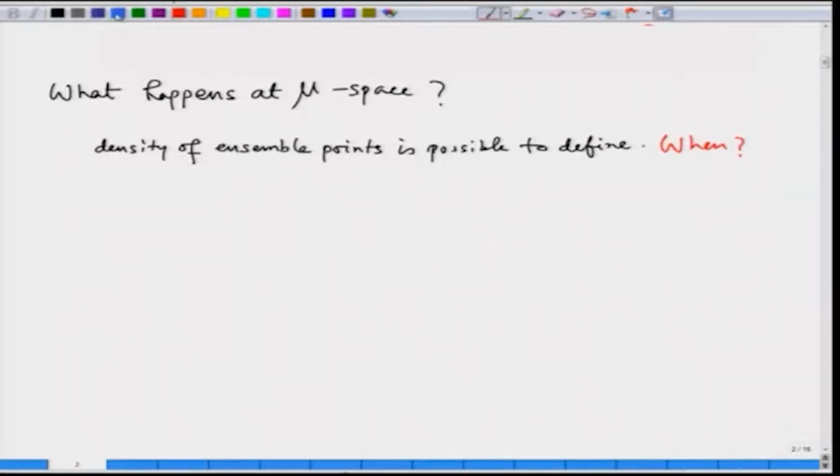Let me do it like this. I take a very small volume element in mu space, very small, delta V tends to 0.